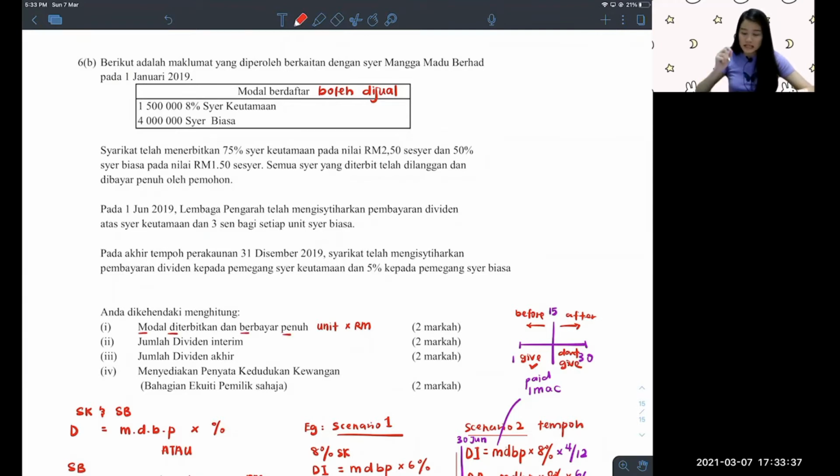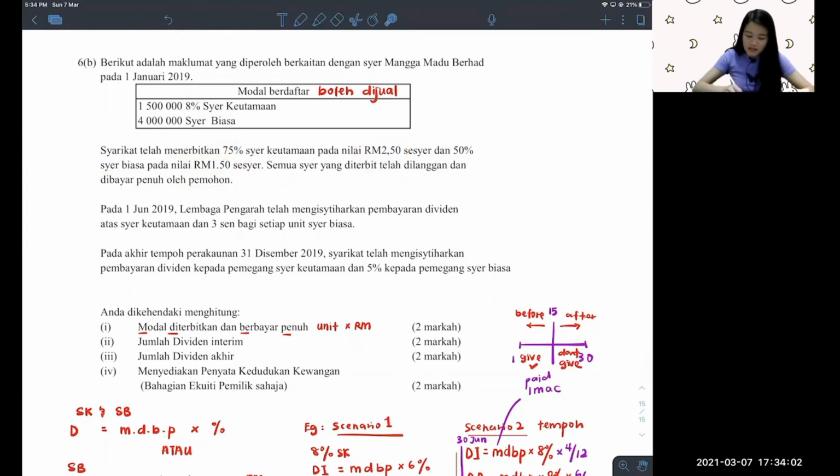So you must see diterbitkan. We have 1,500,000 SK, 4 million units of share biasa, and they said the Syarikat telah menerbitkan 75% SK pada nilai RM2.50 dan 50% share biasa pada nilai RM1.50 per share. Semua share yang diterbit telah dilanggan dan dibayar penuh oleh pemohon.